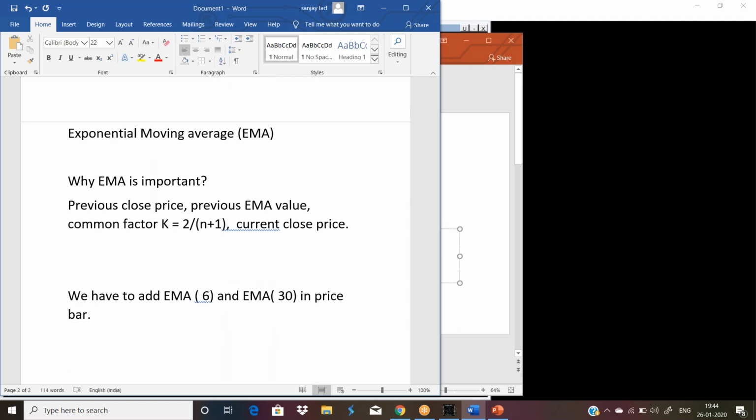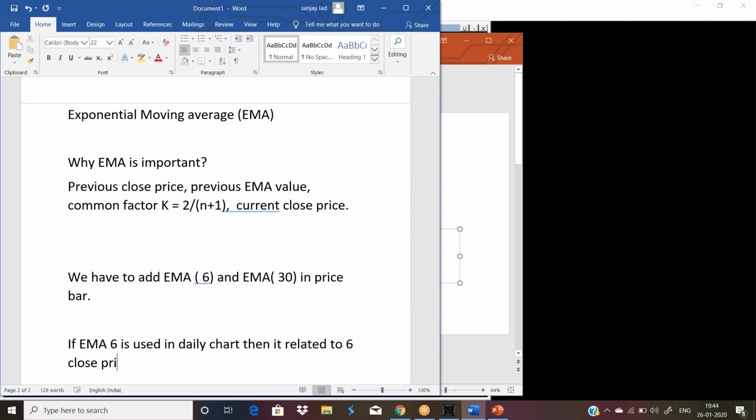Now, if EMA 6 is used in a daily chart, then it is related to 6 close prices of the daily chart.